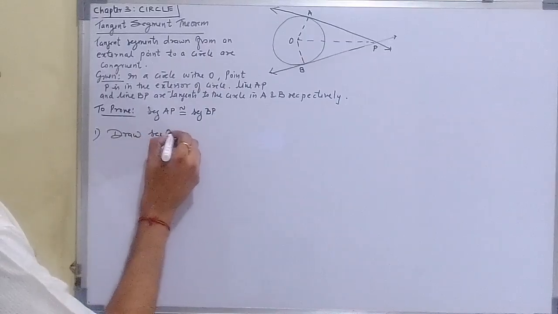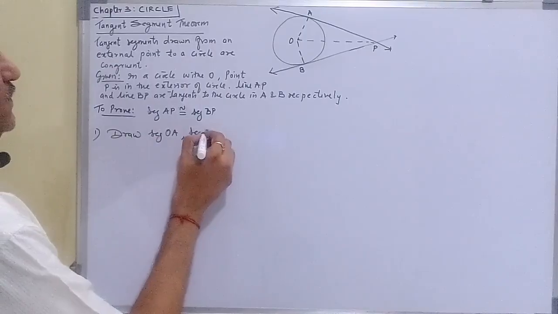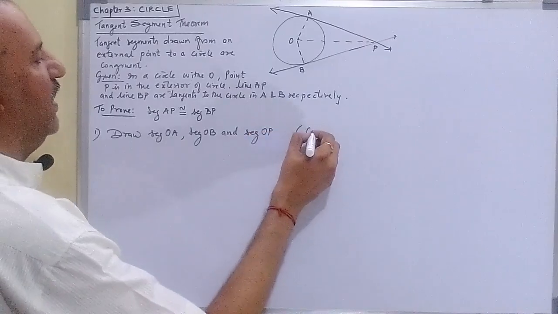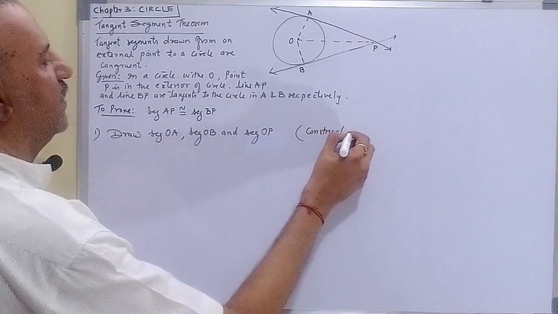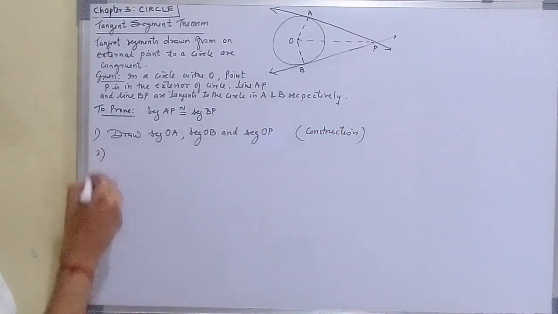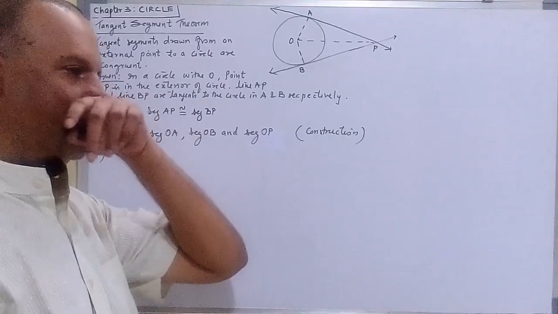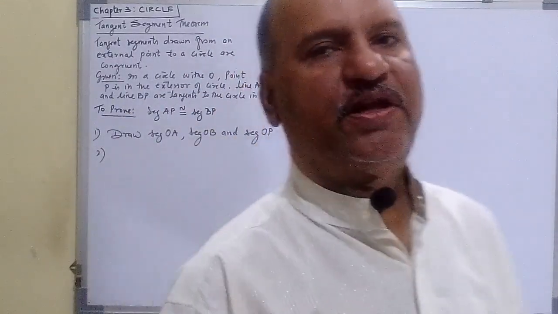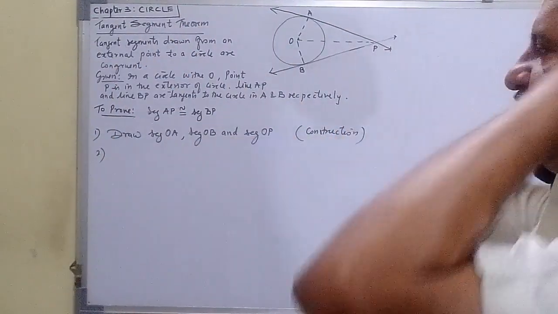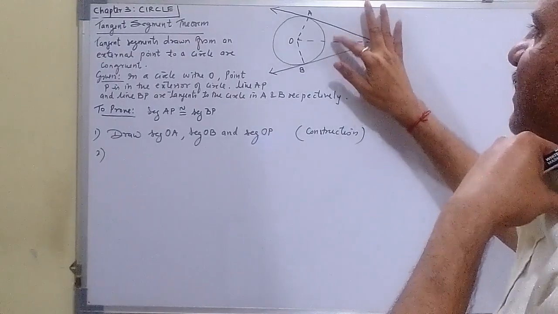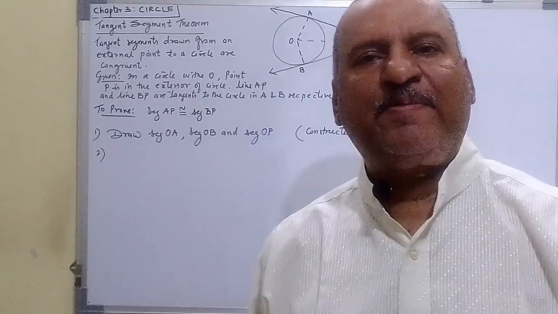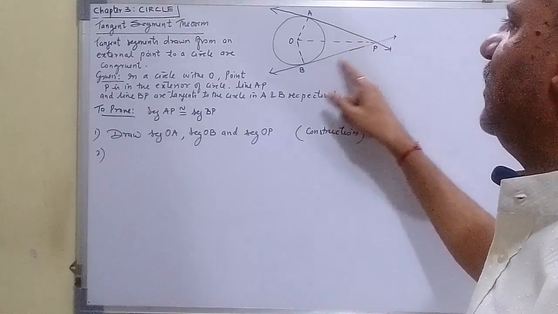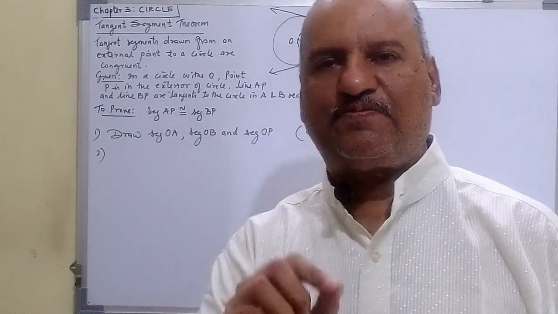Draw seg OA, seg OB and seg OP. ये हमारा है कंस्ट्रक्शन. देखो, we have already, with the help of this construction, now two triangles. हमें ये 2 ट्राइंगल्स कॉन्ग्रुएंट प्रूव करना है. The moment you show these two triangles congruent, AP will be equal to BP by corresponding sides of congruent triangles.